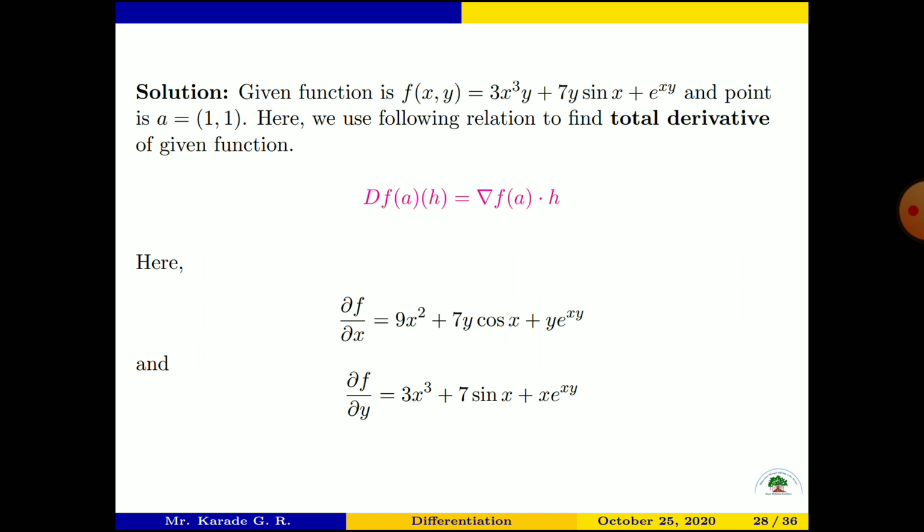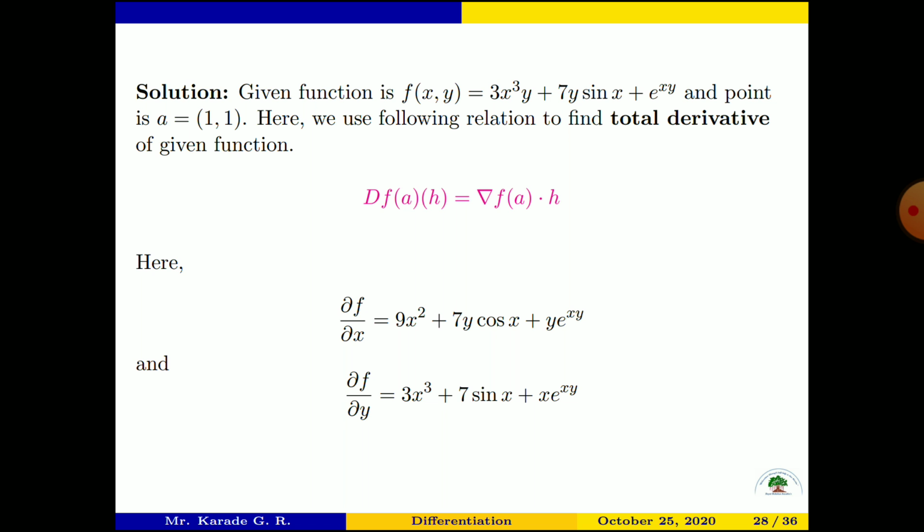So for that, write the solution. Given function is f of x comma y is equal to 3x cube y plus 7y into sin x plus e raised to the power xy, and point is A is equal to 1 comma 1.